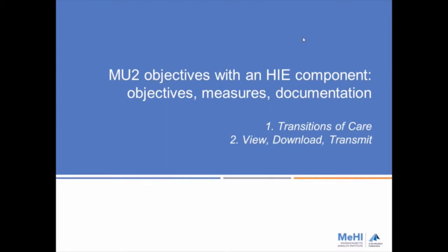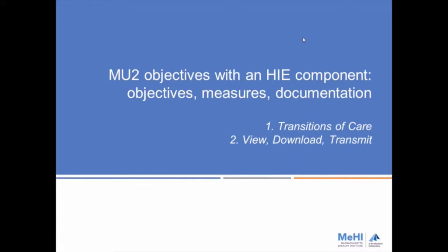Objectives, measures, documentation. A key element, and Sean alluded to this, which makes my work particularly challenging, is CMS uses those terms somewhat interchangeably, objectives and measures. The objective is what it is you want to achieve, and if you look at the table of contents for stage 2 or stage 1, it calls them objectives, and then when you turn to the specification sheet, it'll call it a measure.